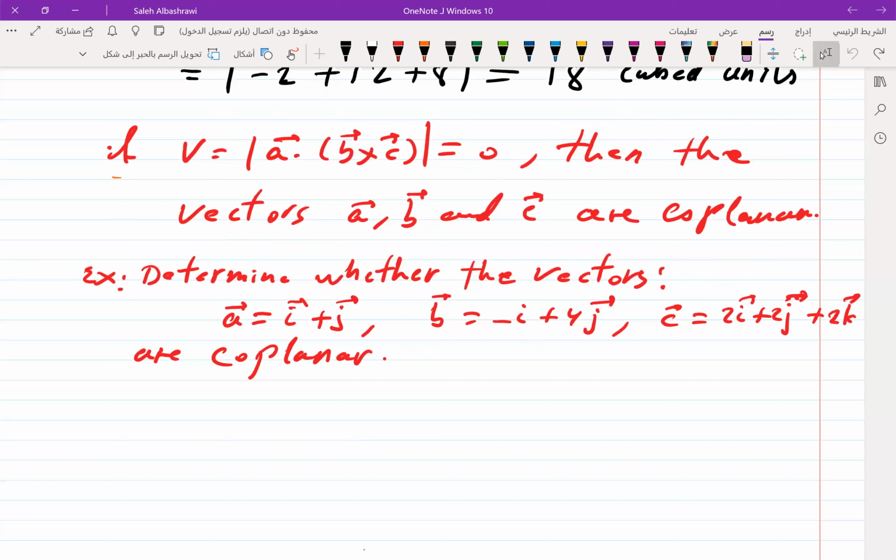So I need to check this condition to determine whether they are coplanar or not.